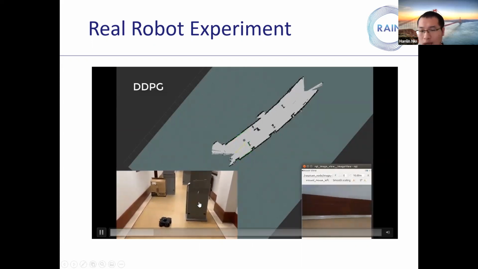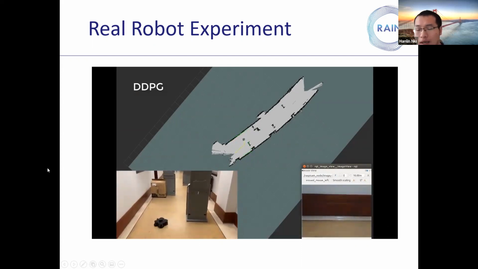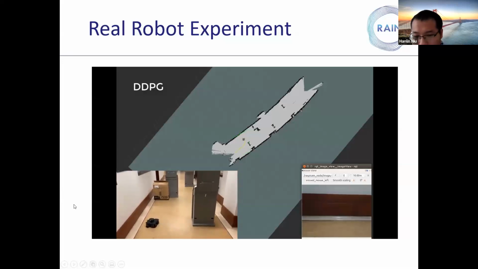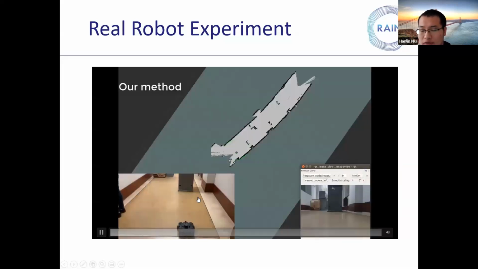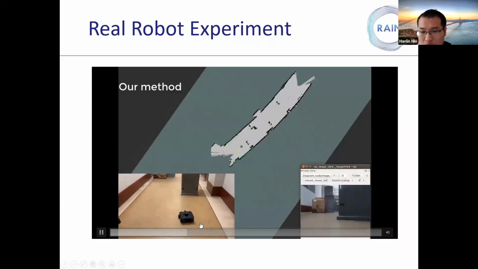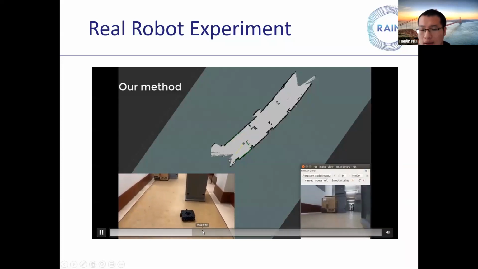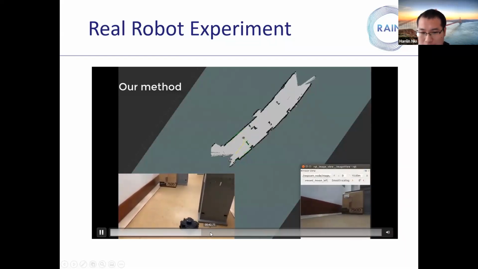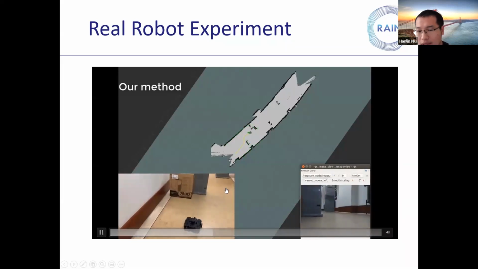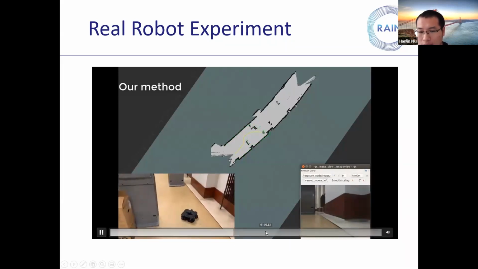Here I put four rubbish bins in the corridor of the building, and we found that the original DDPG couldn't even avoid the first obstacle, but our proposed algorithm is more robust than DDPG, and it just avoids these four obstacles.